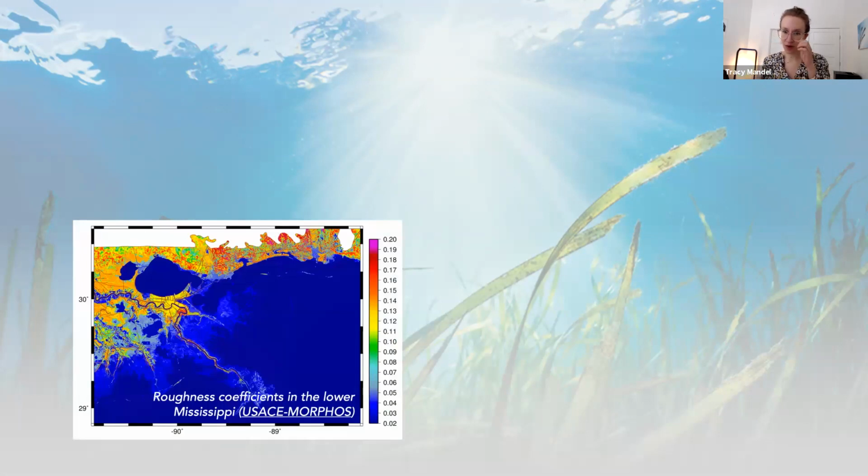So this is a map of the roughness coefficient of any exposed land or wetlands in the lower Mississippi. This is showing Manning's n, which is a measure of relative bottom roughness or resistance to flow, and is used in a computer simulation.